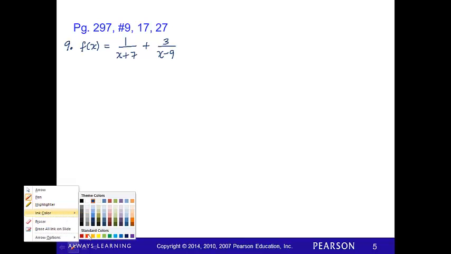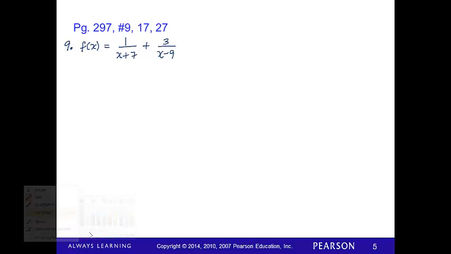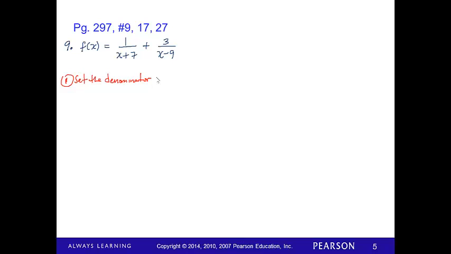So notice that we have denominators, so we do not want to divide by 0. The first thing you want to do is set the denominator not equal to 0.